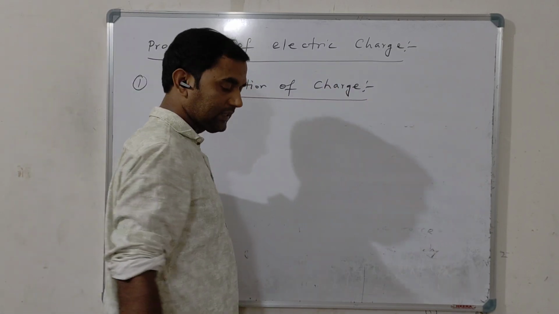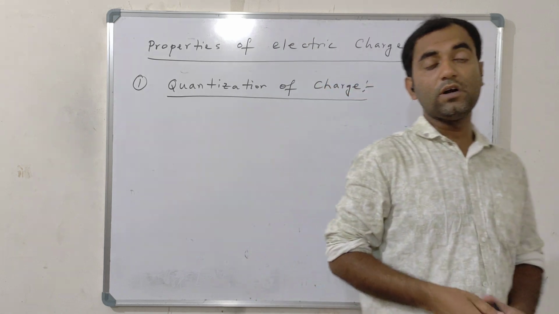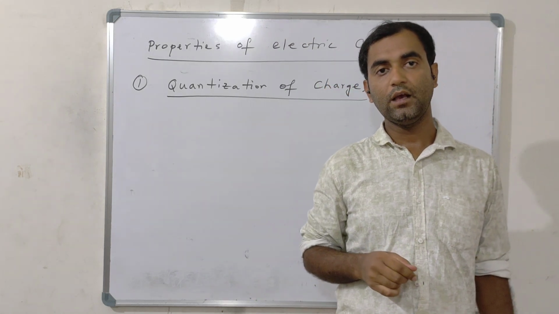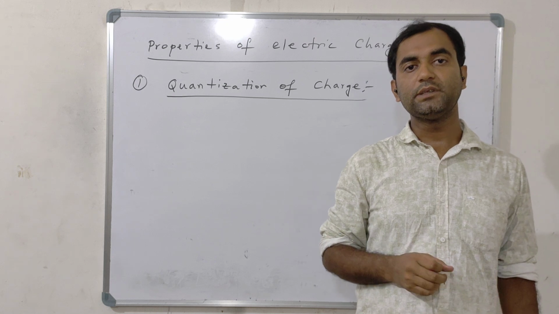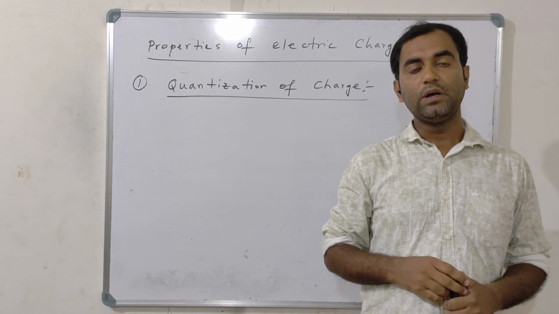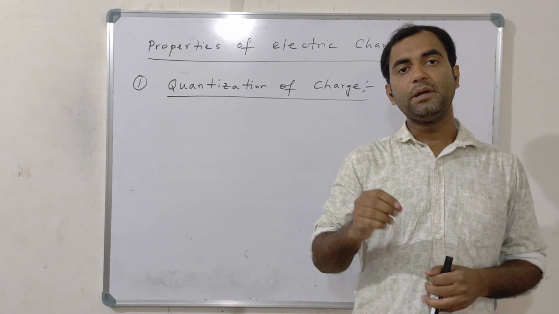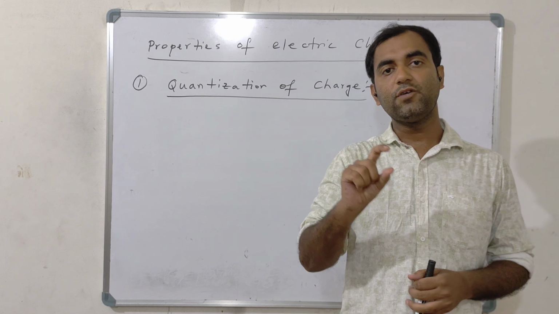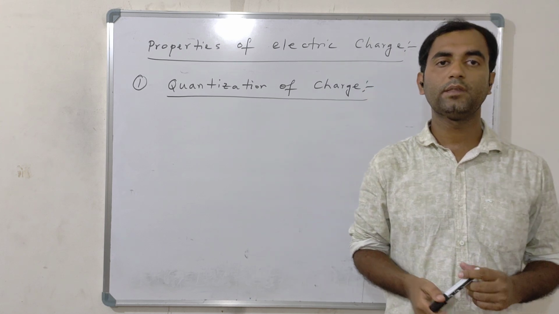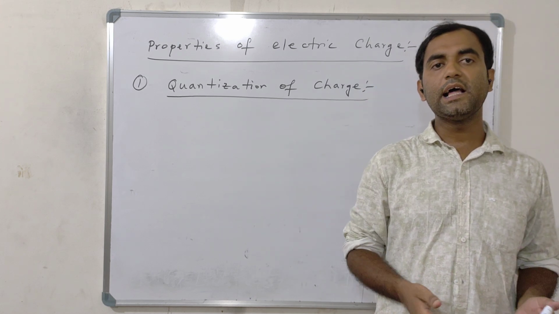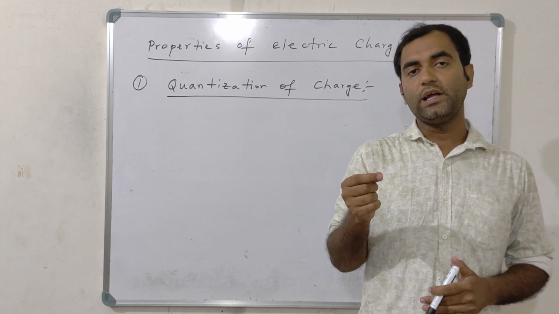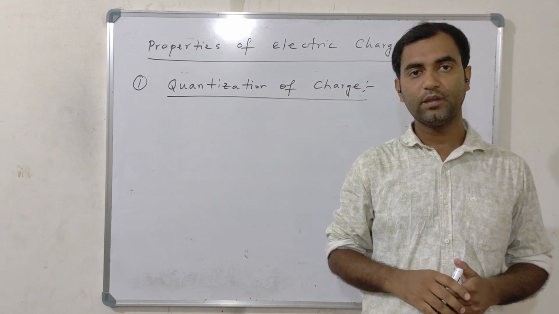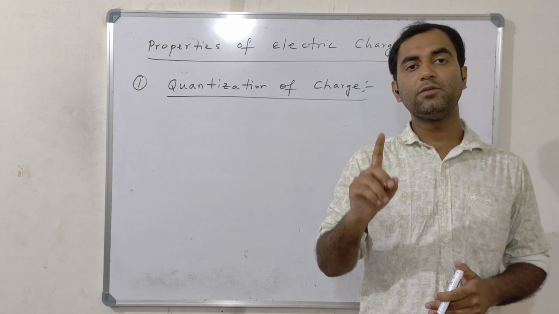What is quantization of charge? What does quantize mean? Whenever we go to the market to purchase something, we have to pay, and the payment will always be in the integral form of 1 rupee. So in our daily life, the quantized coin is actually 1 rupee.